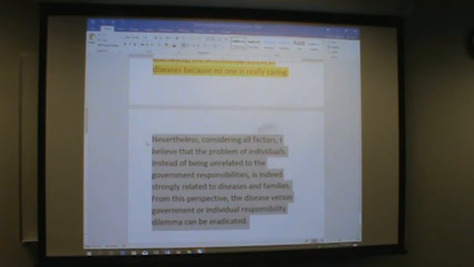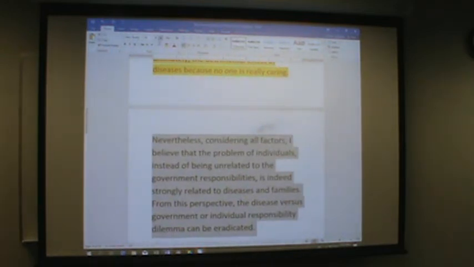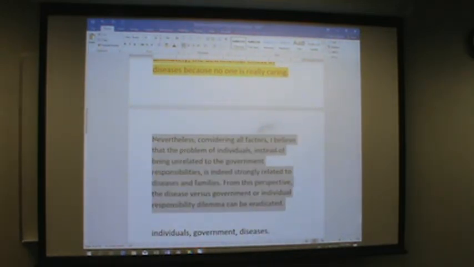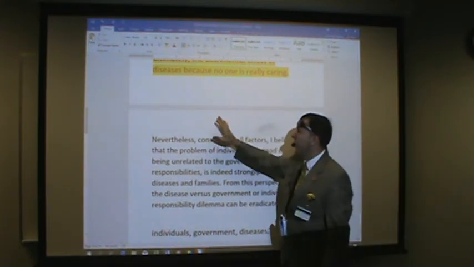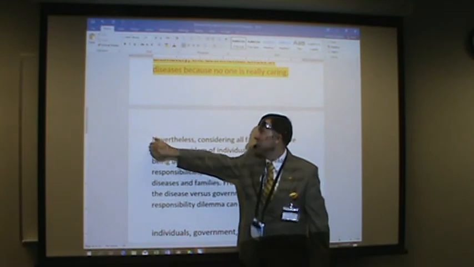Let me make it a little bit smaller so that you can see. Well, basically, it's not working. It's the same paragraph, but let me explain. If this is a new paragraph, you need to indent.